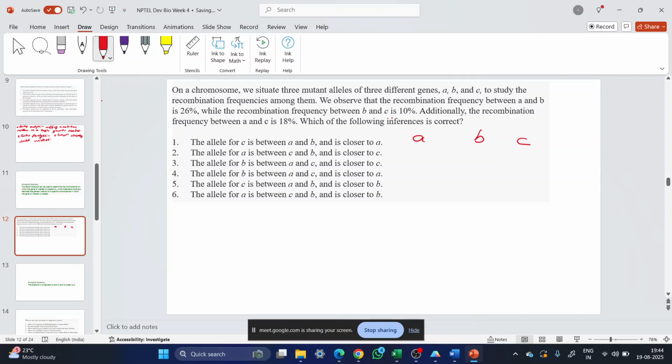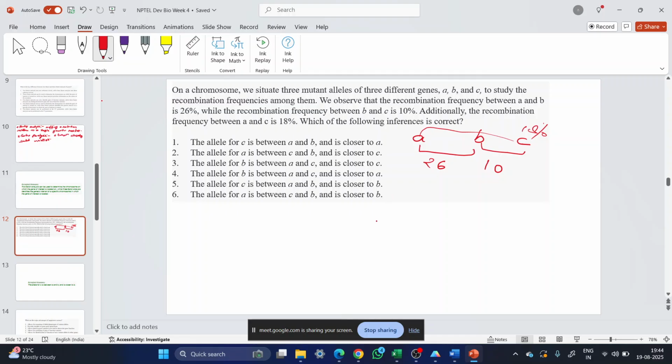Now the recombination frequency between A and B is 26%. That means the distance between them is 26 centimorgan. The recombination frequency between B and C is 10%. And the recombination frequency between A and C is 18%. So from this, we can say that the distance between A and B is the most.